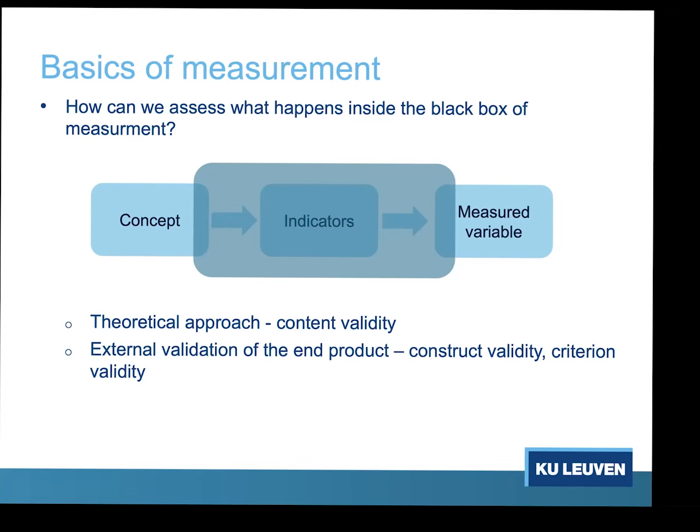And in this way, indirectly try to say something about the measurement quality. This is, for example, the logic of criterion validity or construct validity, where we say, okay, if we have a particular measure and if it correlates as expected with another measure, it's an argument to say that the measurement is of good quality, right?